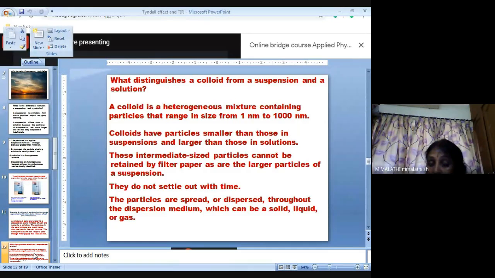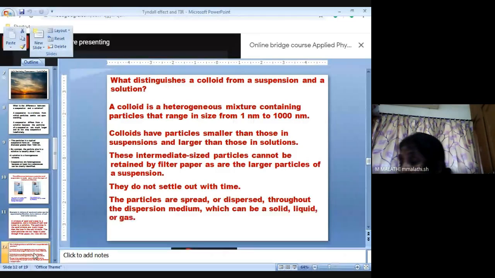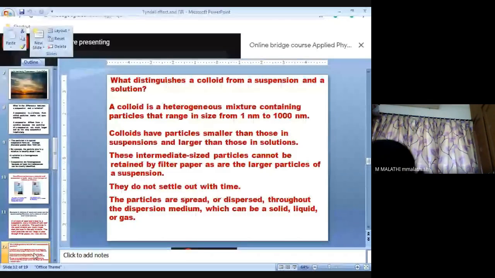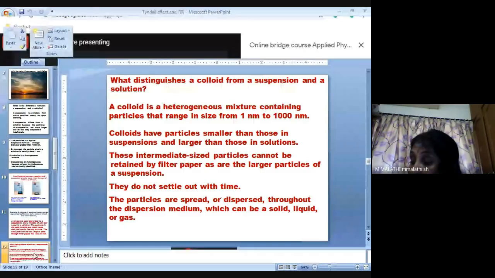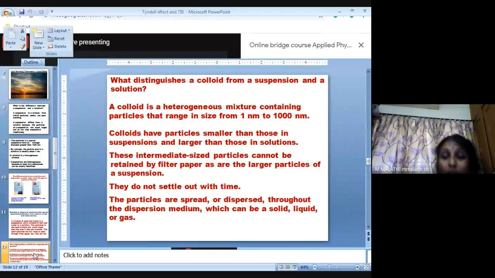Basic thing. A colloid is a heterogeneous mixture containing particles that range in size from 1 nanometer to 1000 nanometer. Colloids have particles smaller than those in suspension and larger than those in solution.